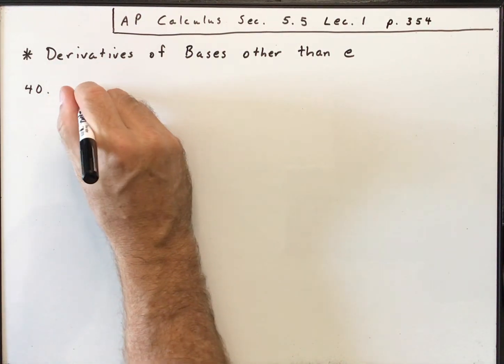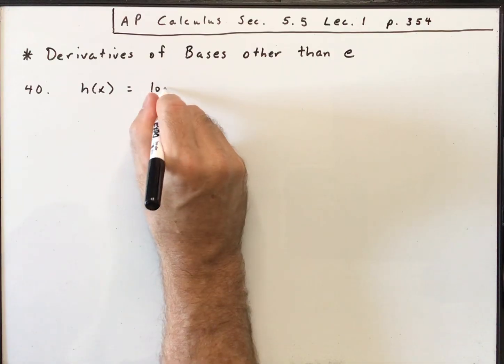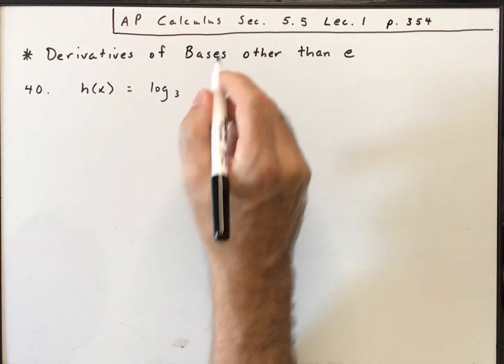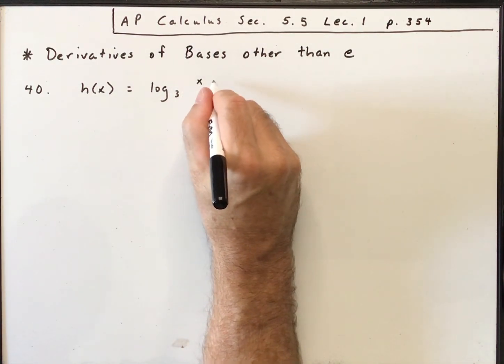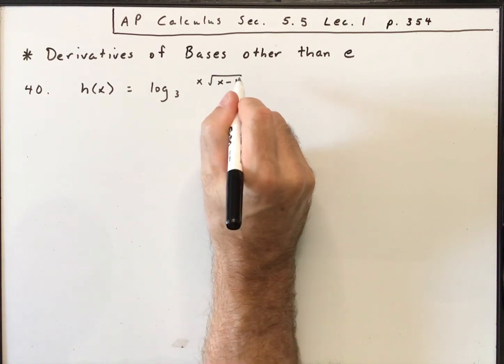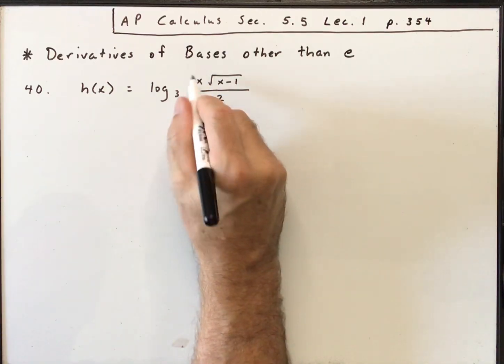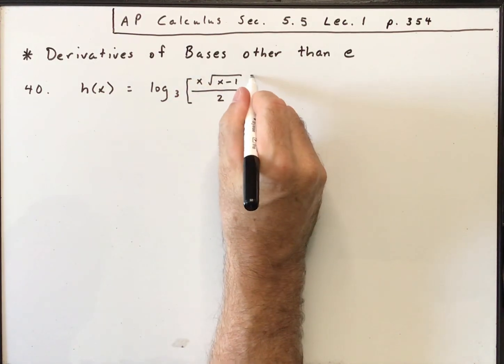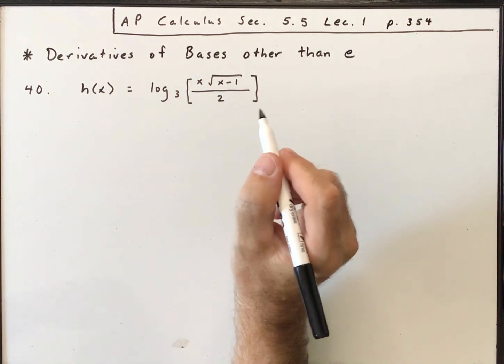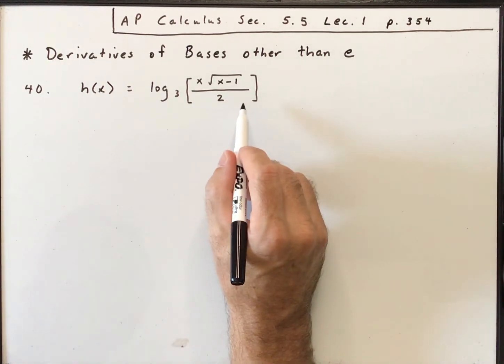So we have h of x is equal to log base 3 of x times the square root of x minus 1 over 2. So I'll put the brackets there and we've got to do a lot of work.